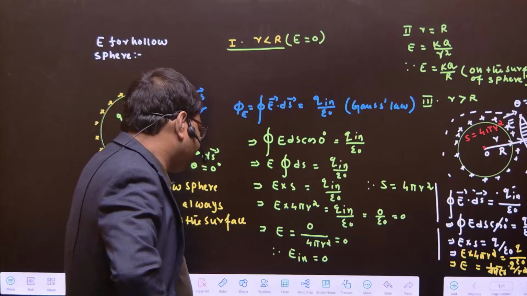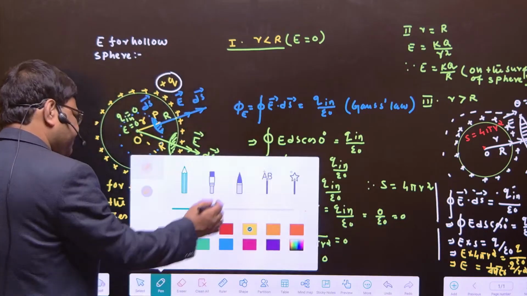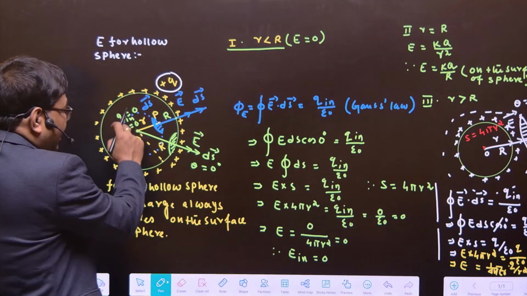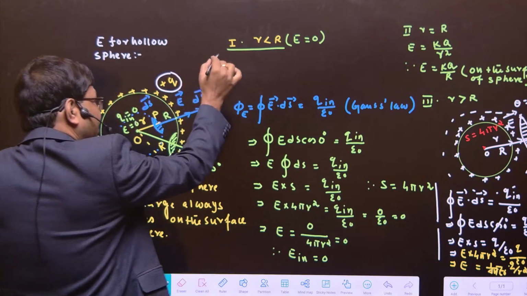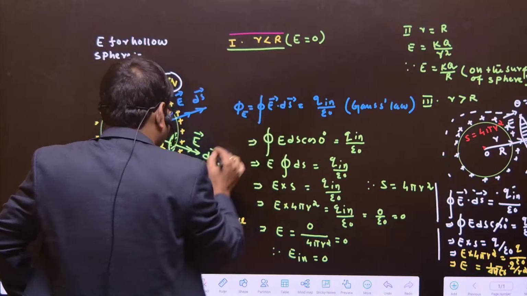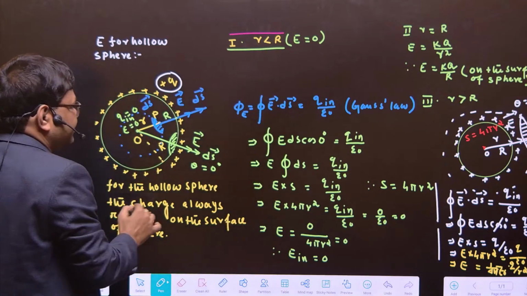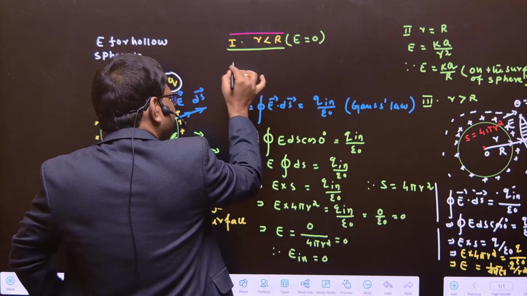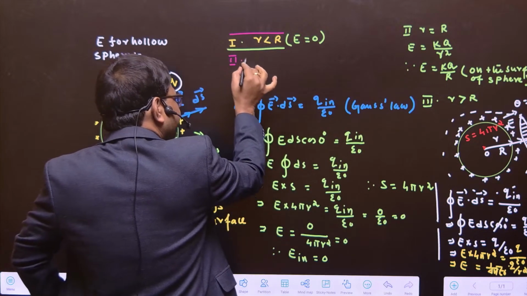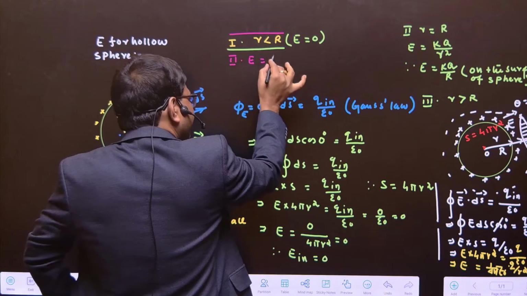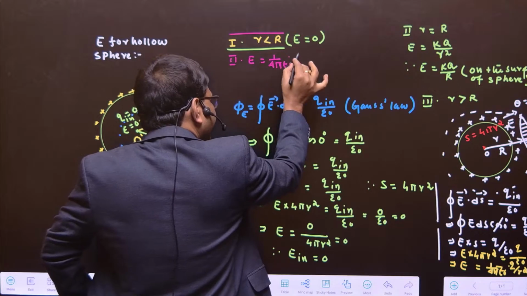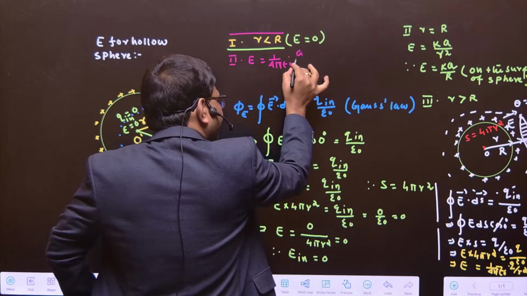But one thing we have to see. For r less than R, for this condition, electric field is 0. And for r is equal to R, electric field? Number 2 condition was electric field E is equal to K, that is 1 by 4 pi epsilon naught into Q by R square.